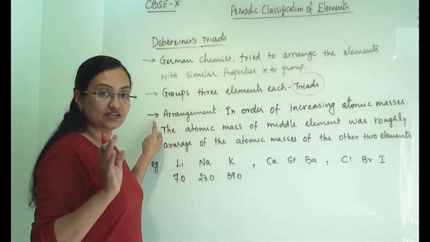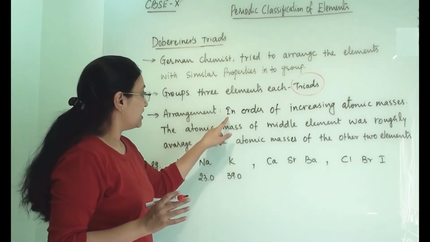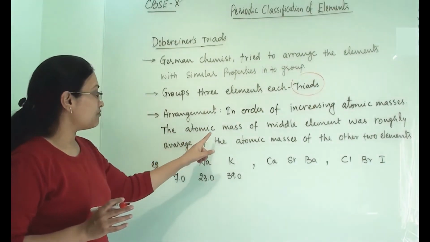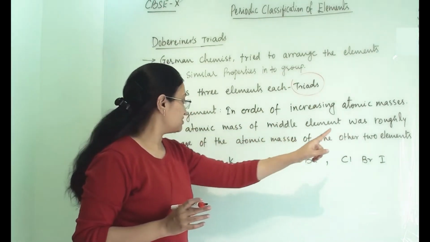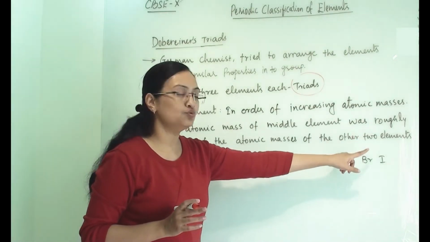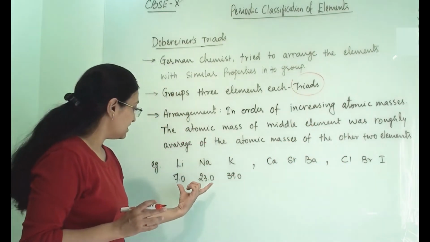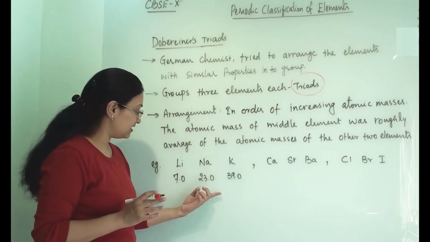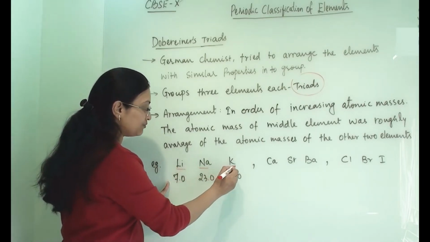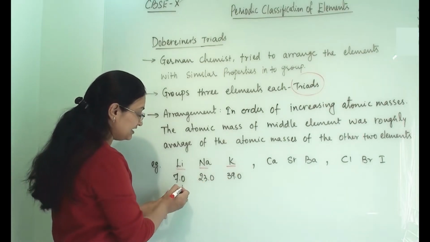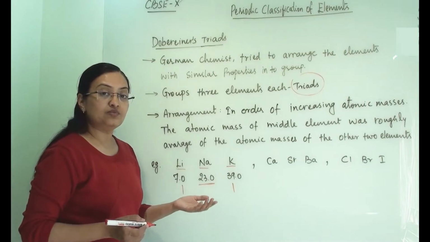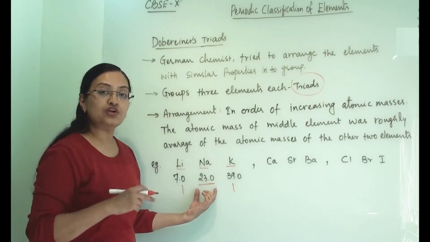How did he arrange this? In order of increasing atomic masses. The atomic mass of the middle element was roughly the average of the atomic masses of the other 2 elements. In this triad he placed lithium, sodium and potassium, such that if you take the average of lithium and potassium, it will be roughly near to sodium's mass.